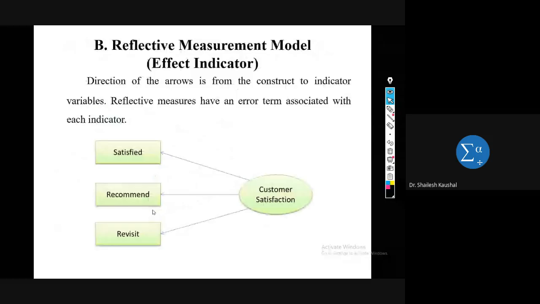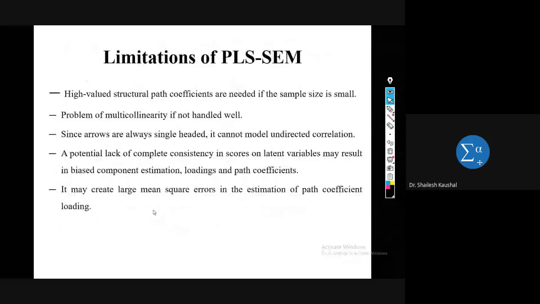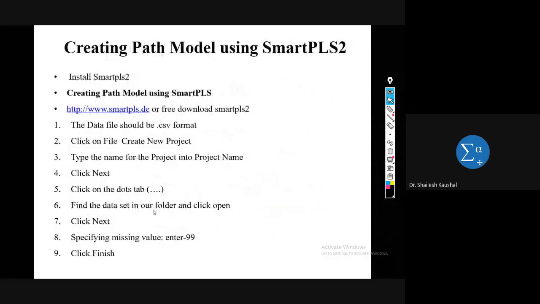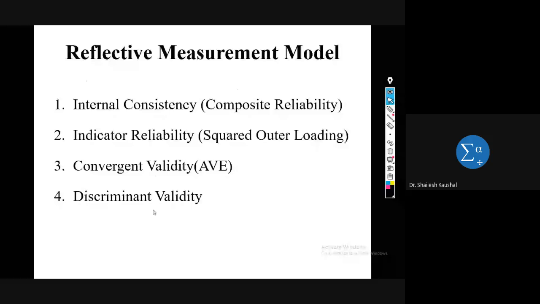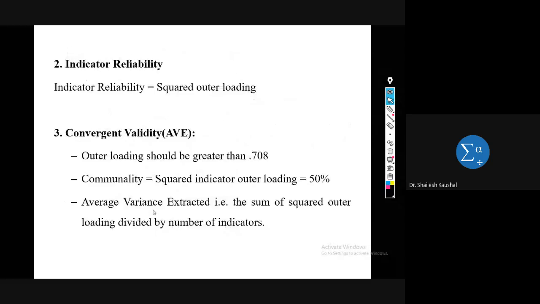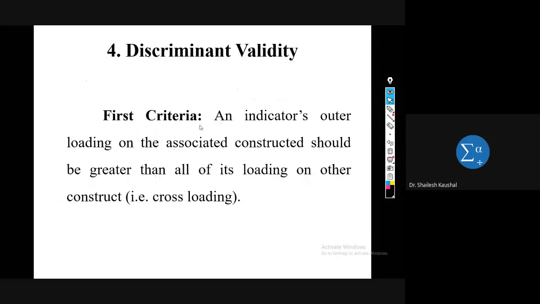Okay, now these are the validities, and then discriminant validity. There are two criteria to find discriminant validity. An indicator's outer loading on the associated construct should be greater than all of its loadings on other constructs.